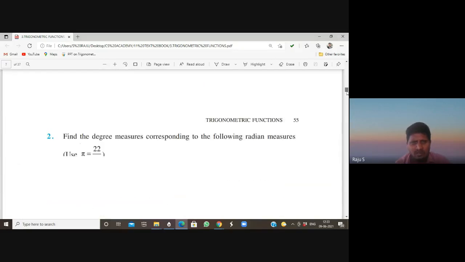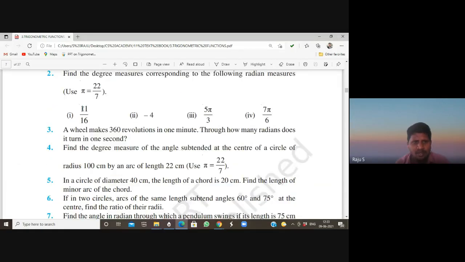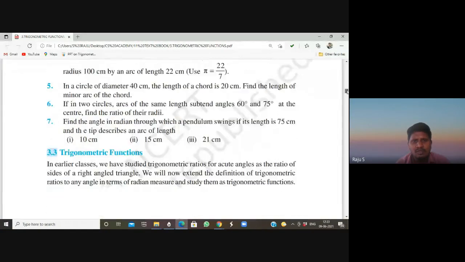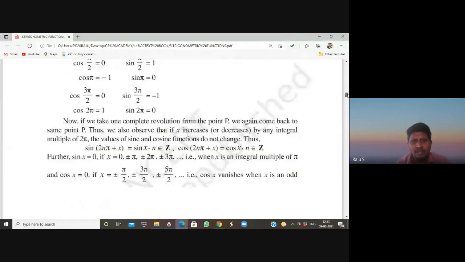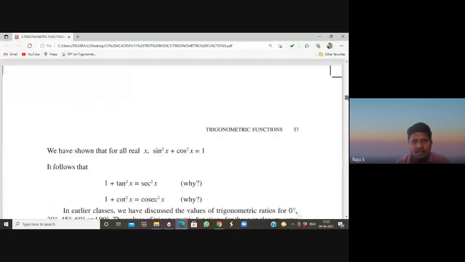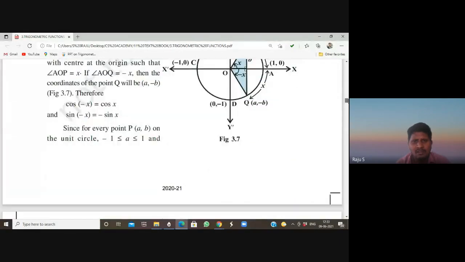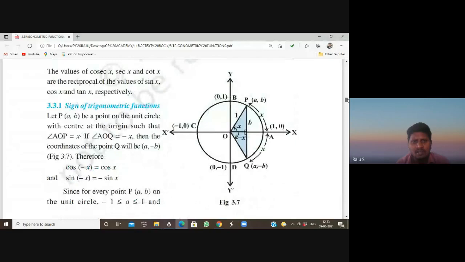This is the first question, very easy. And now they have given radians in numerical values, like 5 by 3, 7, 5 by 6. Now we can convert them into degrees. So this question belongs to finding the radians and finding the degrees, when degrees or radians are given.